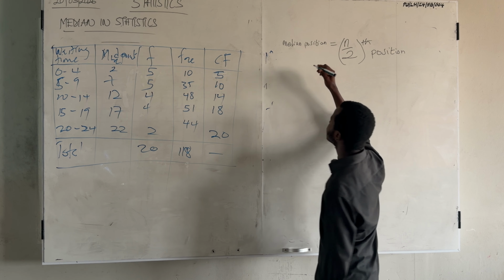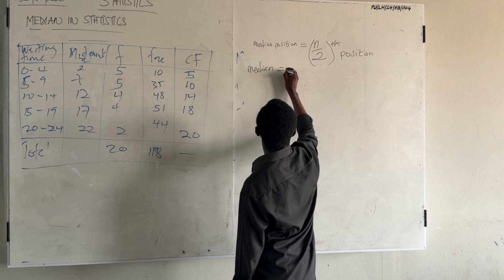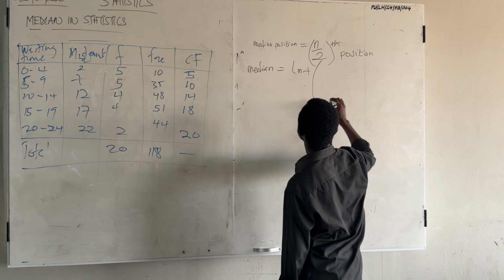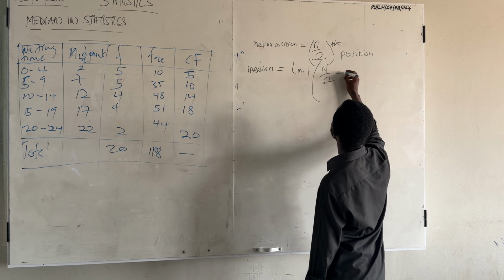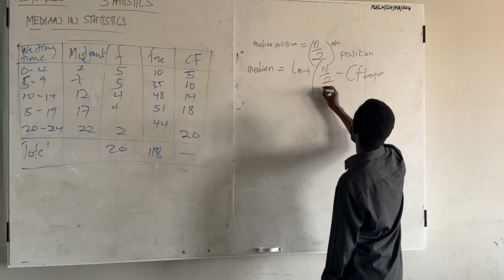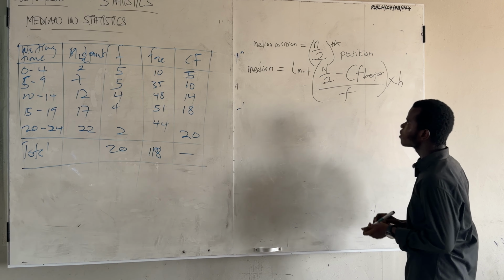And then the formula for the median value is Lm plus (n over 2 minus Cf before) divided by f, multiplied by h.